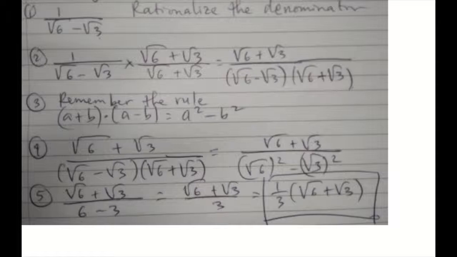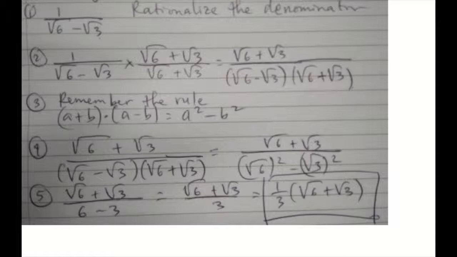For example, the denominator is square root of 6 minus square root of 3. So if we see minus, the inverse operation of it is plus. So 1 over square root of 6 minus square root of 3 is equal to times square root of 6 plus square root of 3 over square root of 6 plus square root of 3.